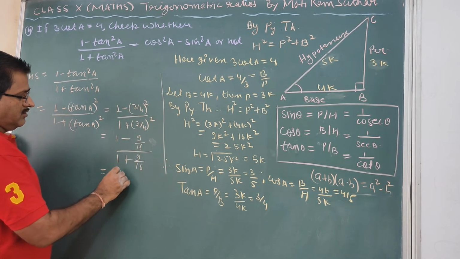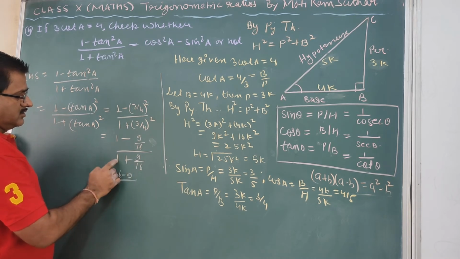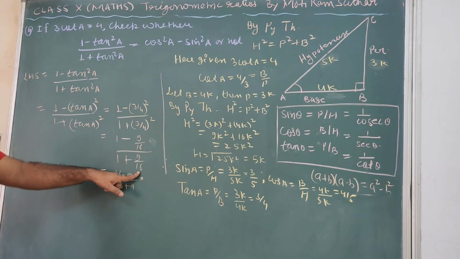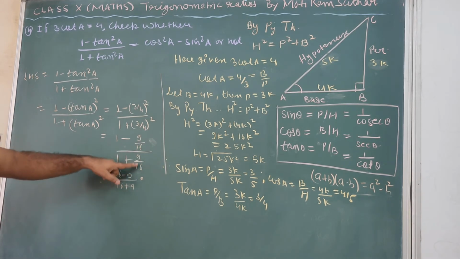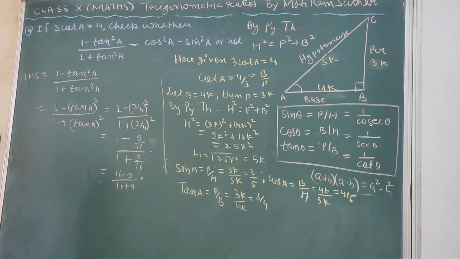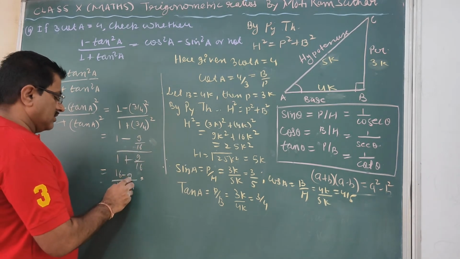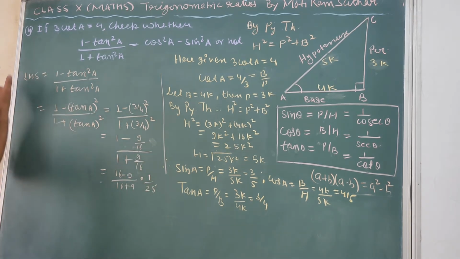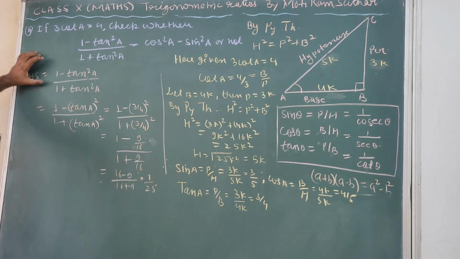This is 16 minus 9, this is 16 plus 9. Here also we take LCM 16. LCM from the numerator and denominator cancel each other. Clear? So 16 minus 9, that is 7, and this is 25. So we get the left hand side value as 7 by 25.